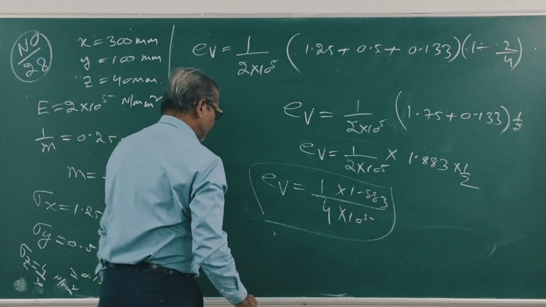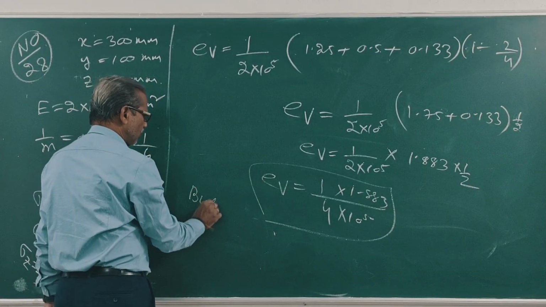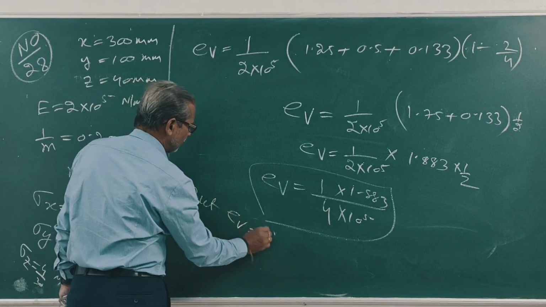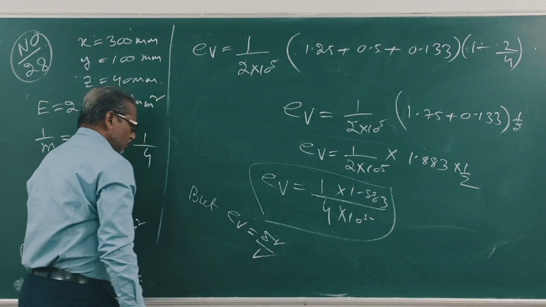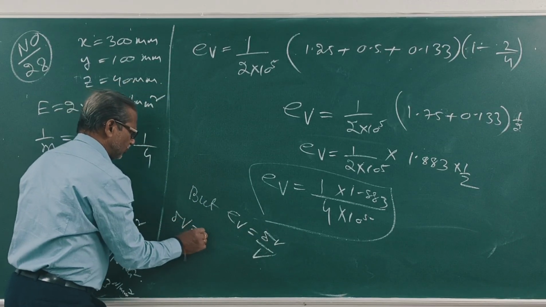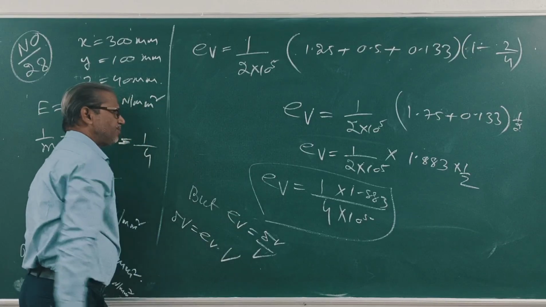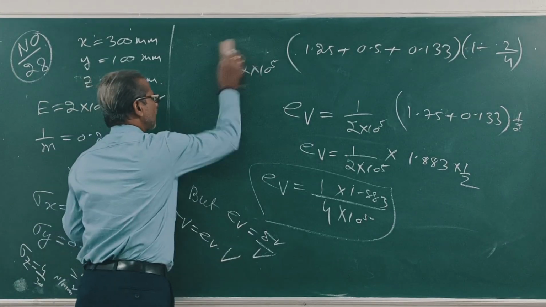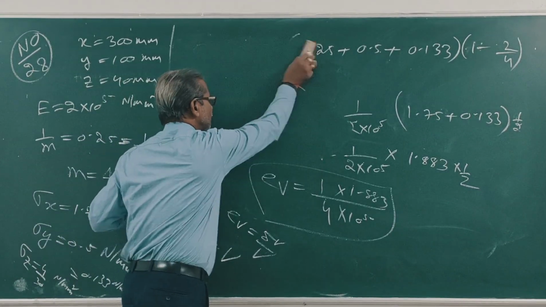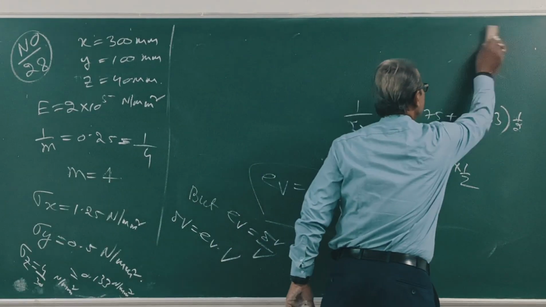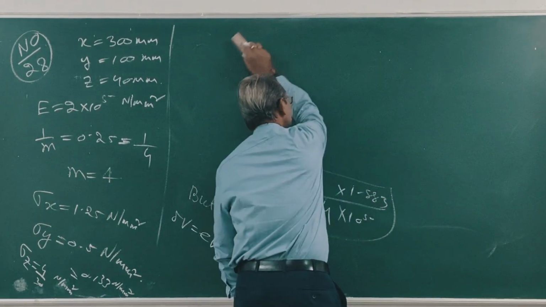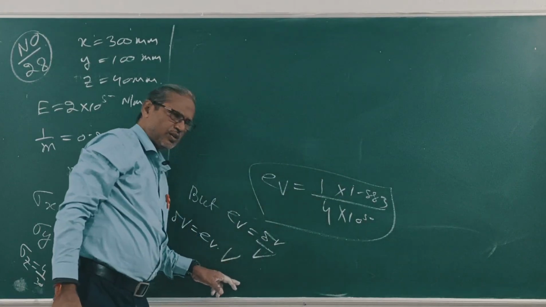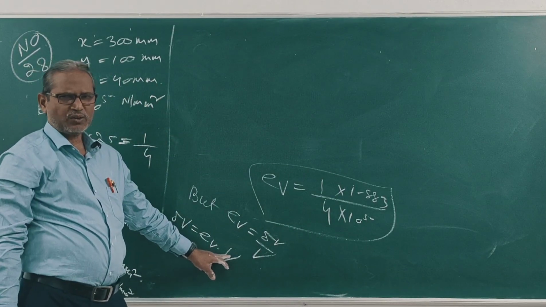But what is EV equal to? EV is equal to delta V by V. So delta V is equal to EV into V. Clear? Now change in volume. Delta V is equal to, what is original volume? Length into breadth into thickness.